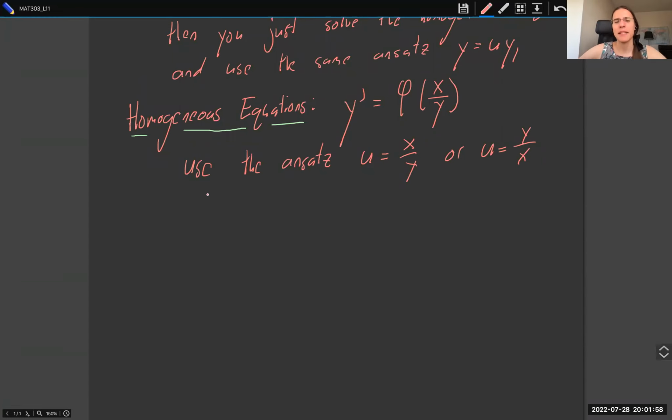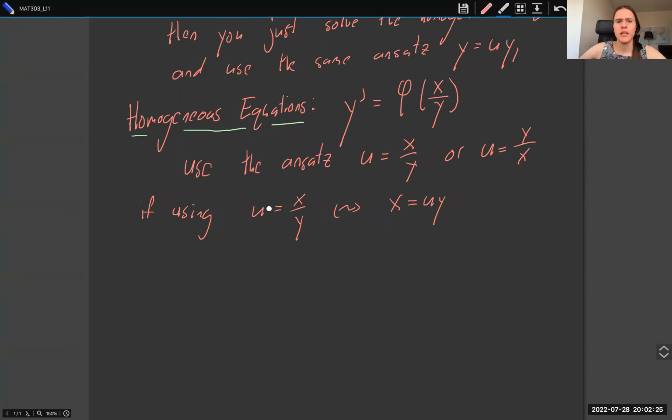And basically what happens then is that, in the first case, using u equals x over y, equivalently x is equal to uy. Well, you know what?